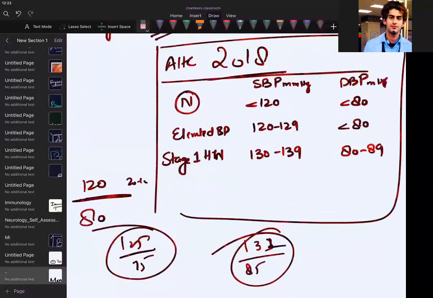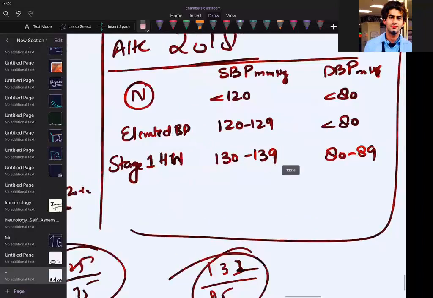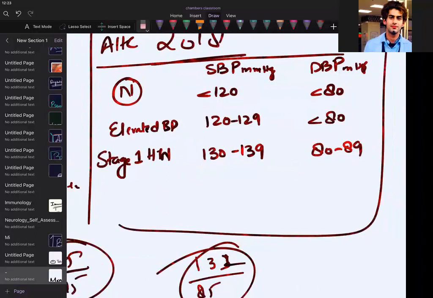Since you are a first year MBBS student, I'm not going into clinical medicine and cardiology, but here I want to say stage 1 hypertension is 130 to 139 systolic, 80 to 89 diastolic BP. This is the staging as stage 1 hypertension. Stage 2 hypertension, this is the AHA guideline.